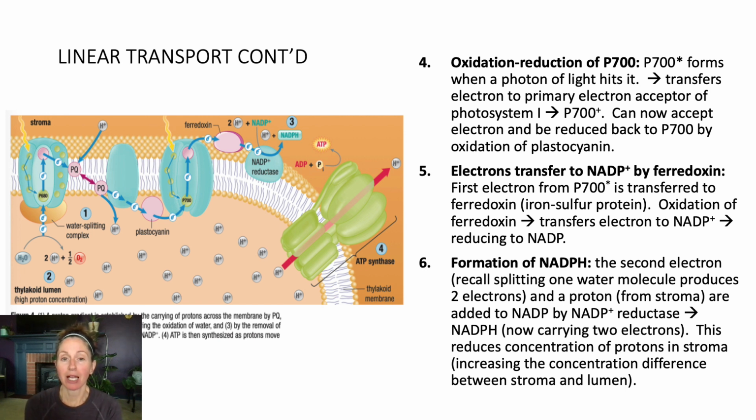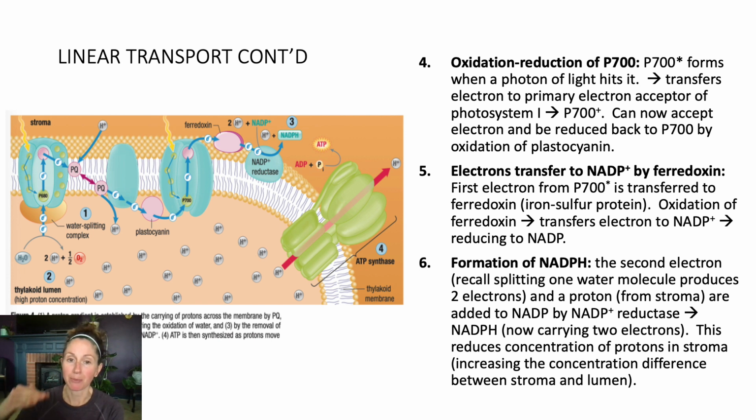So next, electrons transfer to NADP plus by ferredoxin. The electrons from P700 are transferred to the ferredoxin, and this again is an iron sulfur protein. The oxidation of ferredoxin leads to the transfer of electrons to NADP plus, and again it's going to be 2 electrons being transferred to give us NADPH.